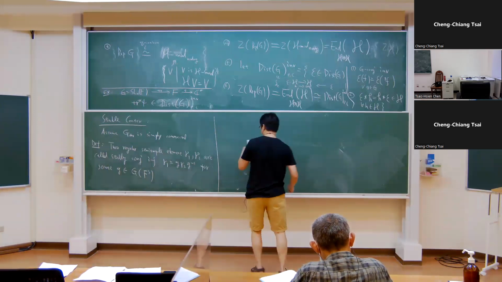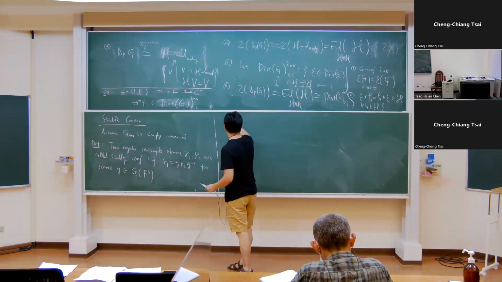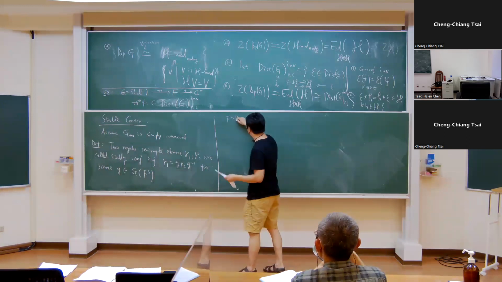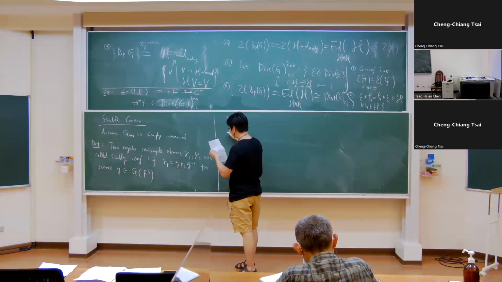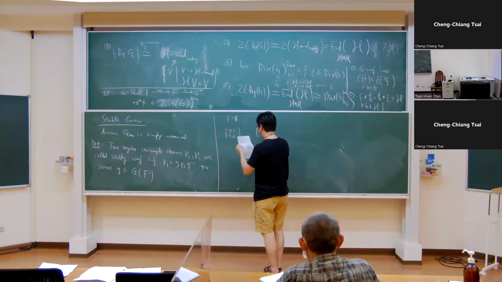There are some funny examples, maybe not p-adic. For example, over the real numbers, you can have gamma 1 equal to the matrix (-1 0; 0 1) and gamma 2 equal to (0 -1; 1 0).